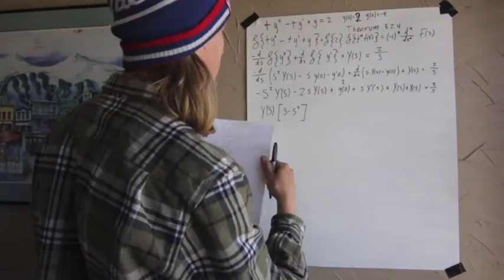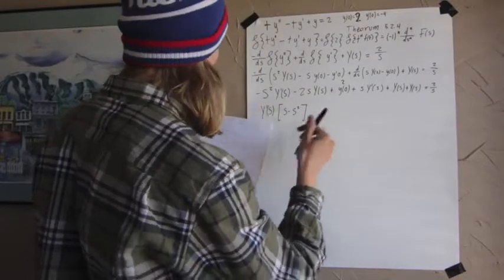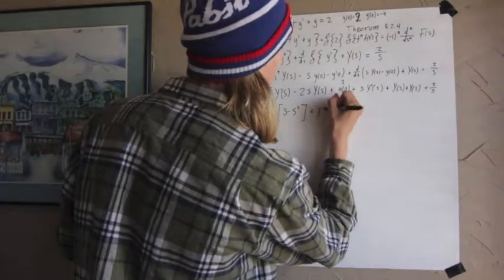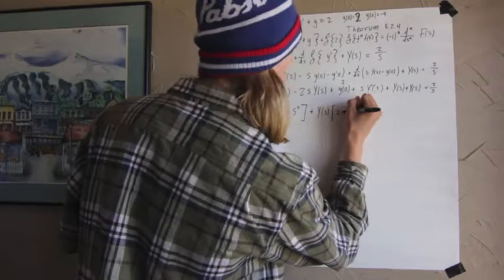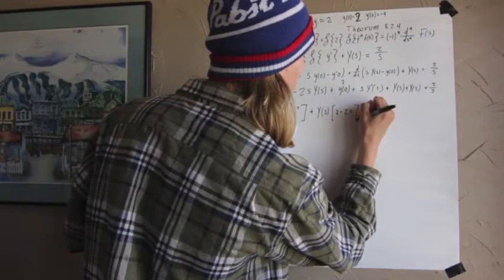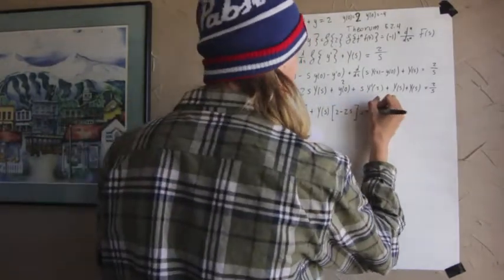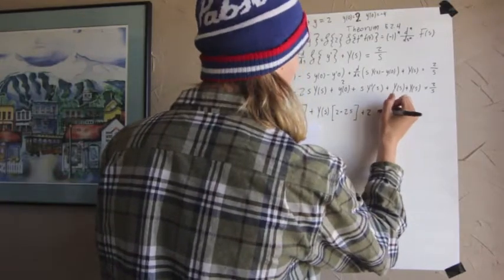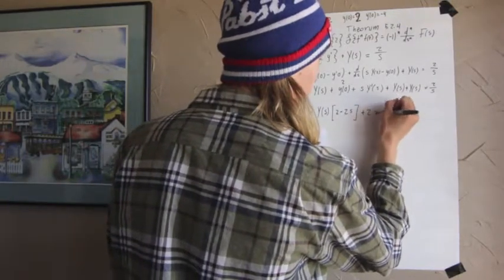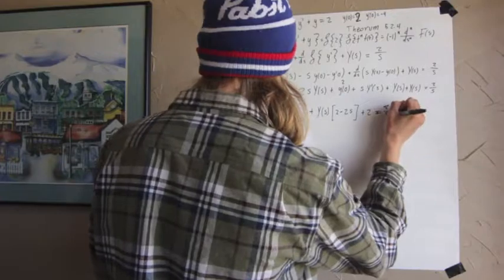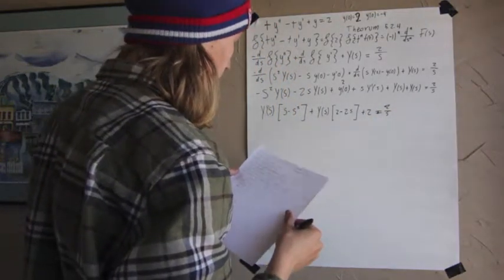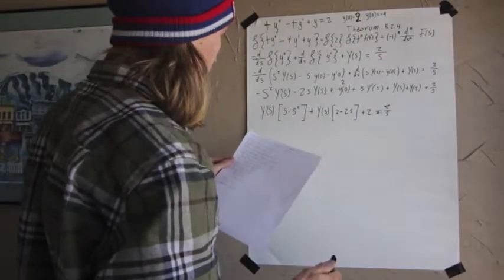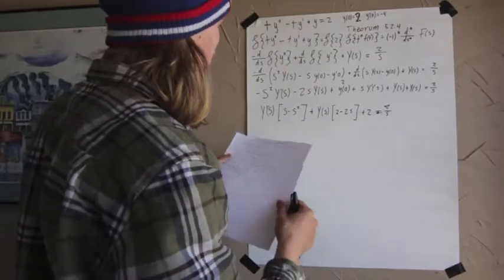Simplifying, grouping like terms, rather. Capital Y prime of s, we're going to have s minus s squared, plus just capital Y of s, that'll be 2 minus 2s, plus 2, equals 2 over s. From here, we can continue to simplify.